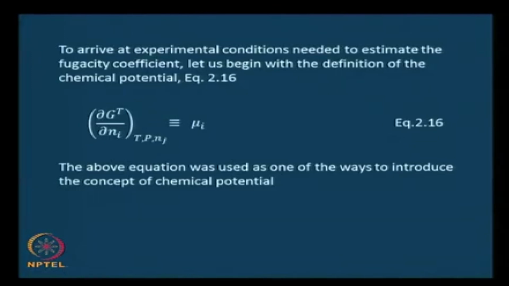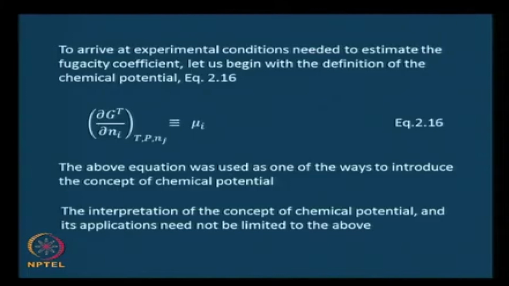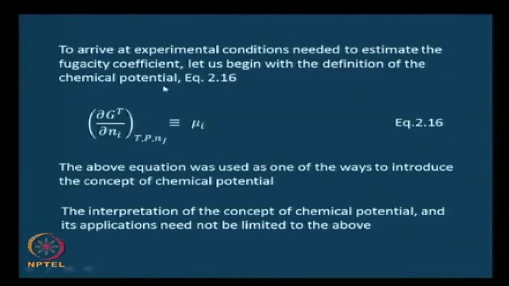Again, to emphasize, this was only one of the ways that we used to introduce the concept of chemical potential in the way we had organized our material. The chemical potential itself is a very powerful concept, and the interpretation of the concept and its applications are definitely not limited to the definition or the first level interpretation that one gets from this definition.